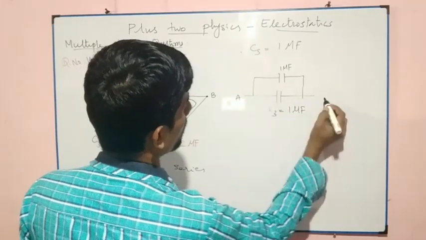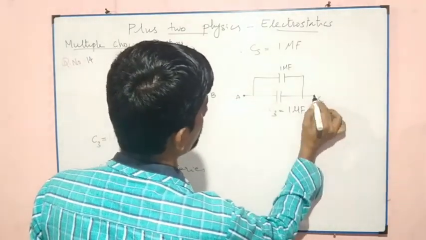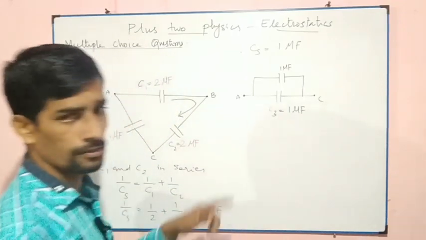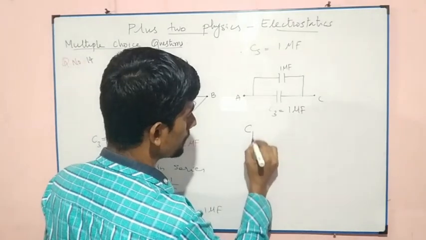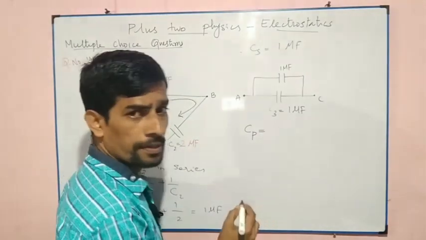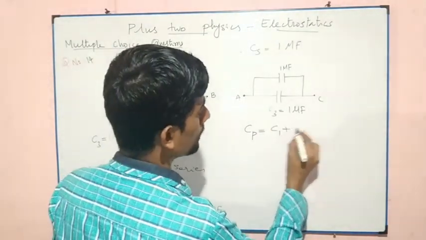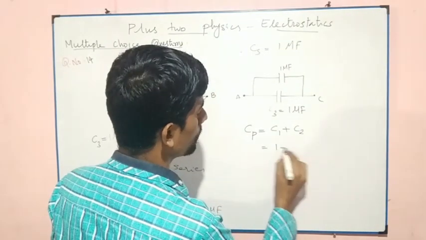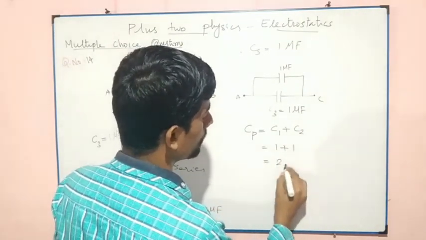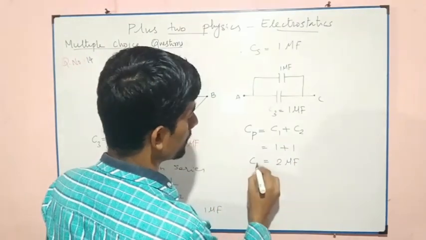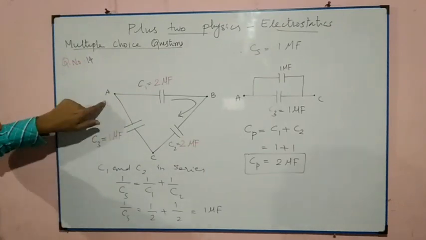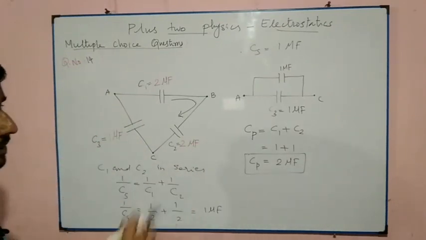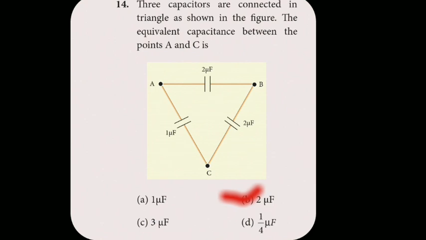This is point A and this is point C. Now these two capacitors are in parallel combination, so the effective capacitance Cp equals C1 plus C2, that is 1 plus 1 equal to 2 microfarad. So the capacitance between the points A and C is 2 microfarad. The correct option is option B.